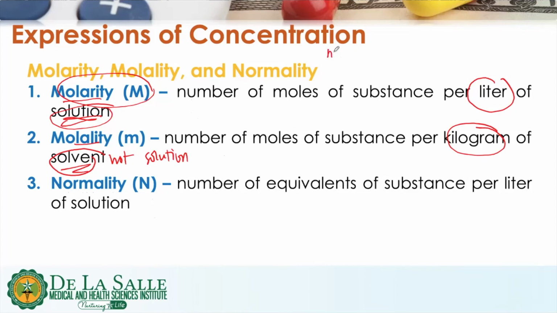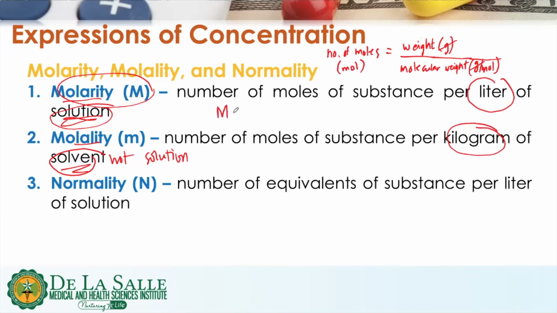Remember that the number of moles is basically equal to the weight of the substance in grams divided by its molecular weight, which is given in grams per mole. So notice that we can cancel out the grams and the answer will be in mole units.